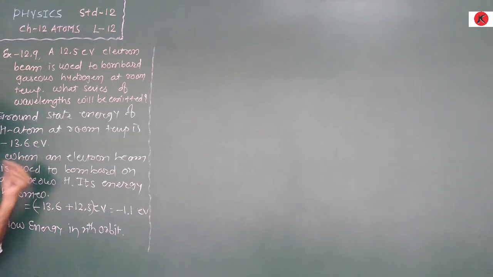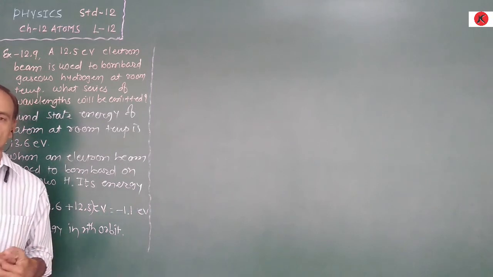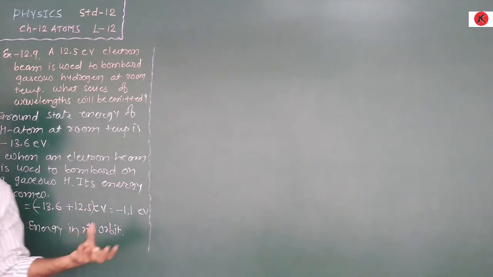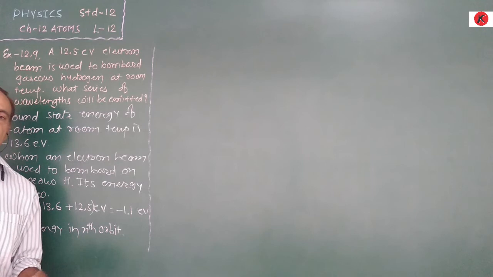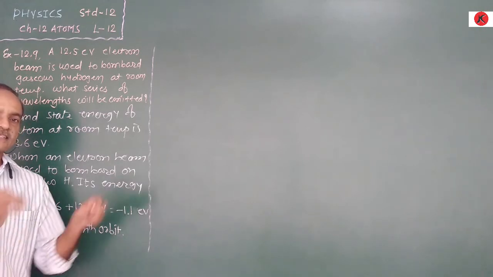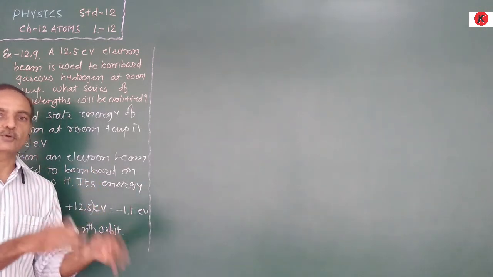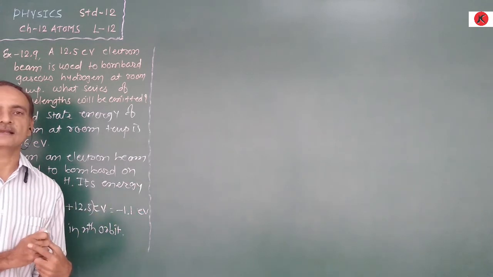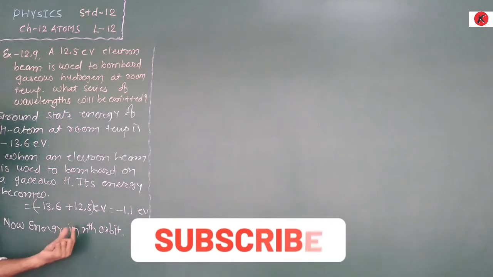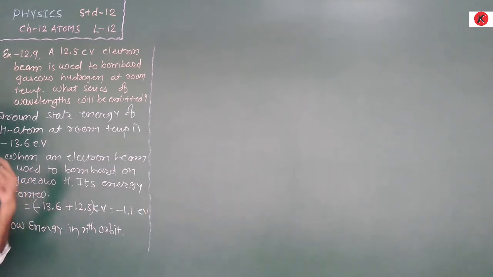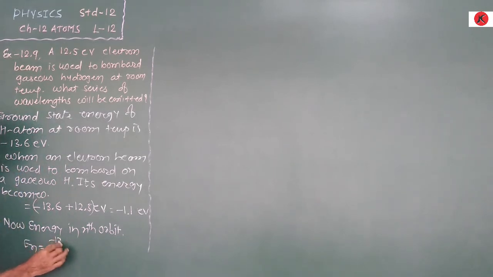When the electron beam of energy 12.5 electron volt is bombarded on this hydrogen atom, what happens? This electron absorbs the energy and gets excited. Excited to what energy level? We are interested to find out up to which energy level or which orbit the electron is excited. Therefore, energy in the nth orbit is En equal to minus 13.6 upon n square electron volt.